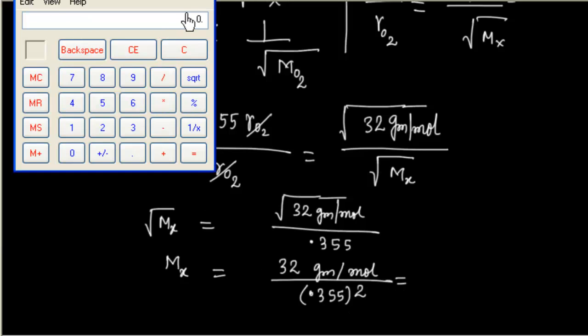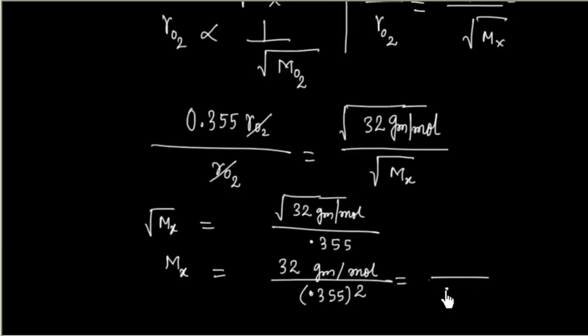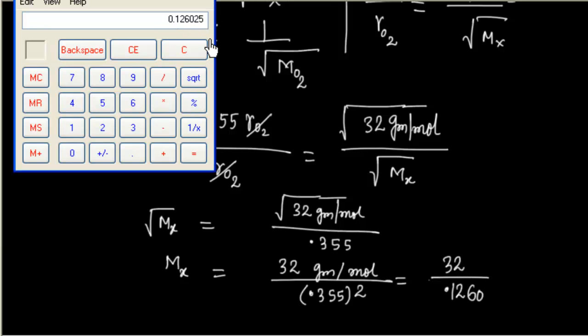So let us say we have 0.355 into 0.355. So this is 0.1260, and 32 divided by this. So I will have 32 divided by 0.1260.